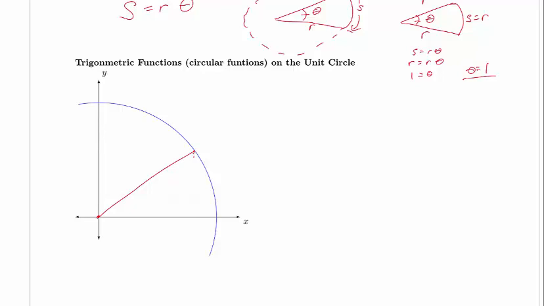And we're going to go ahead and bring it down. Hey, look at that. We've got a right triangle popping up right here. This is the unit circle again, so the radius is 1.